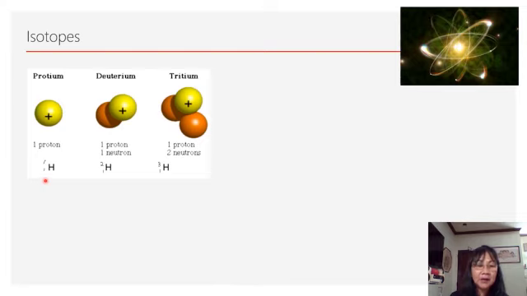By the way, all of them have atomic numbers equal to 1. The deuterium is heavy hydrogen. It has a proton and a neutron in its nucleus. So the representation is hydrogen 2, 1. And tritium is the isotope of hydrogen that contains 2 neutrons in the nucleus, and this is the radioactive one. So the representation is hydrogen 3, 1.